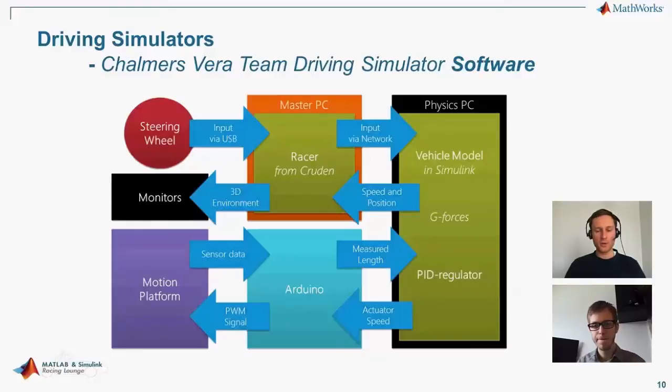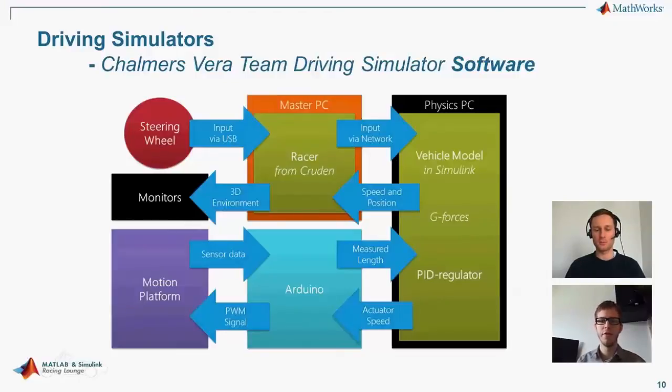Okay. Allow me a quick question here. So what I'm seeing, at least 3 hardware platforms. So we have a master PC, a physics PC, and then an Arduino, I guess, for the motion controls of the Stewart platform. So is it a requirement to have 3 independent hardware systems, or why did you choose that configuration?